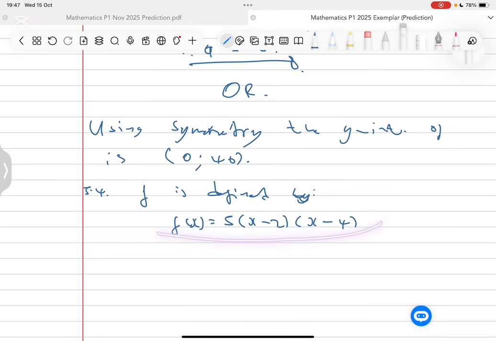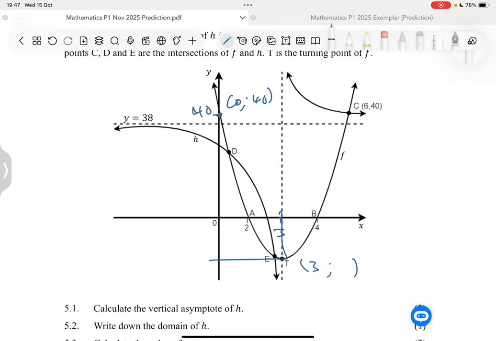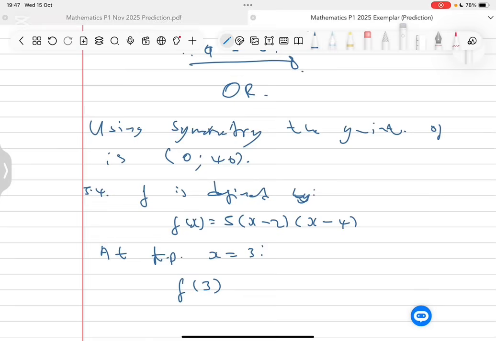This is how our function is defined. But now I'm going to say that at the turning point, TP, x is equal to 3, as I said. This means I'm going to look at the function value at 3, the y value at 3, as I was showing here.